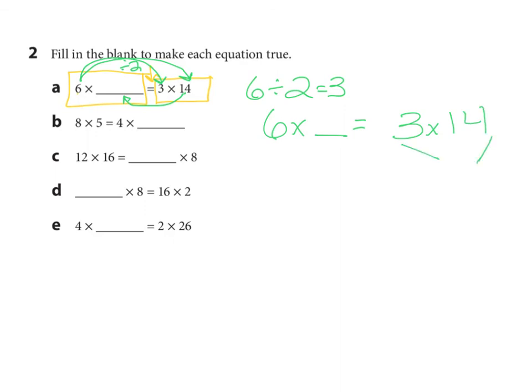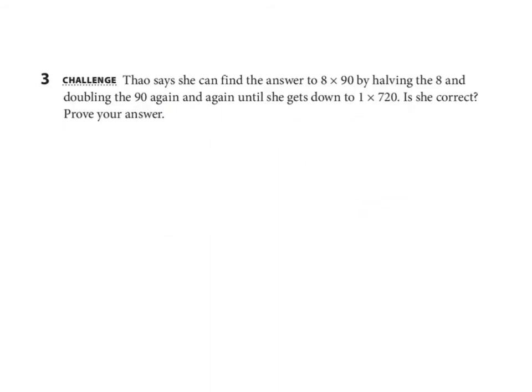You could also say, well, 3 times 14, what is that product? And 6 times what number gives us that answer? I want you to keep doing that by saying, how do the numbers on this side connect to the numbers on this side? And remember, we're trying to make all of these expressions true.